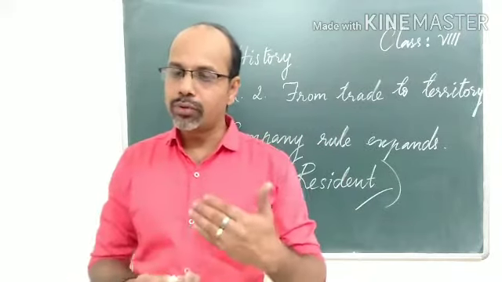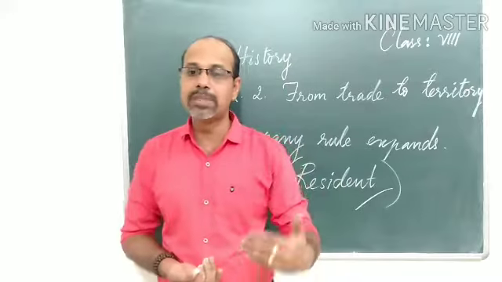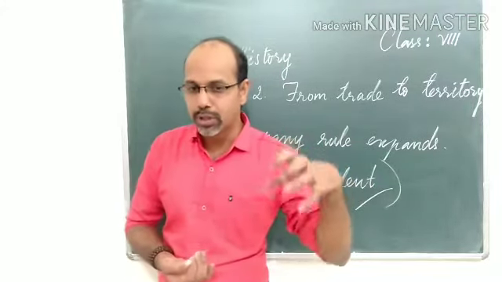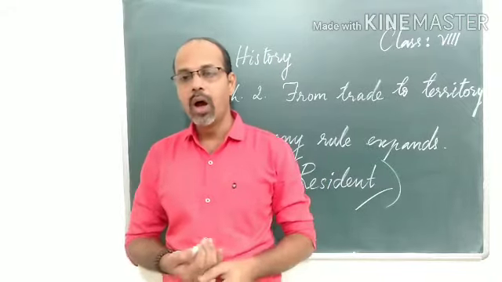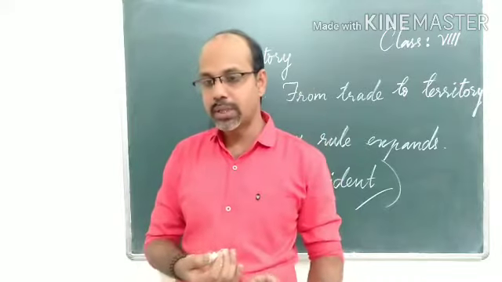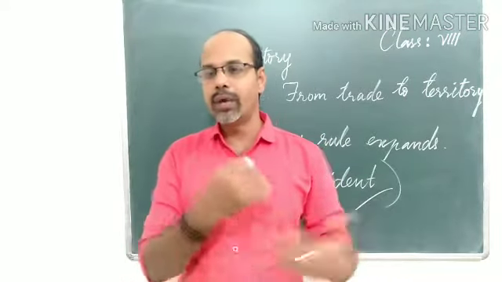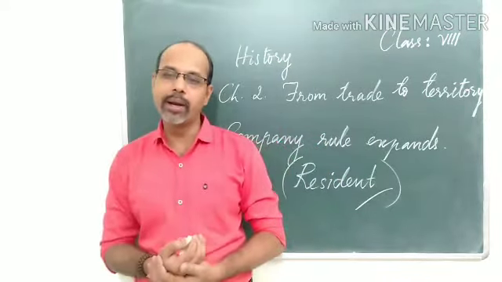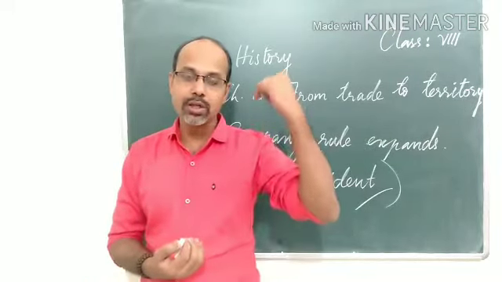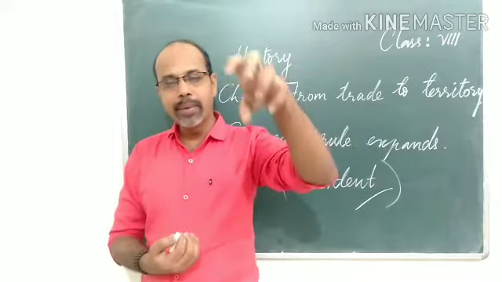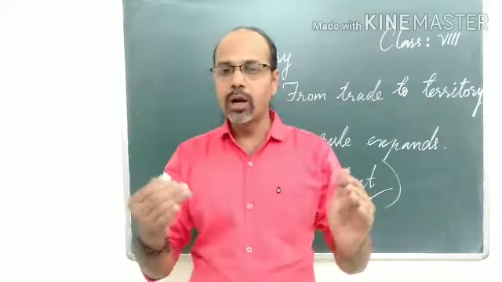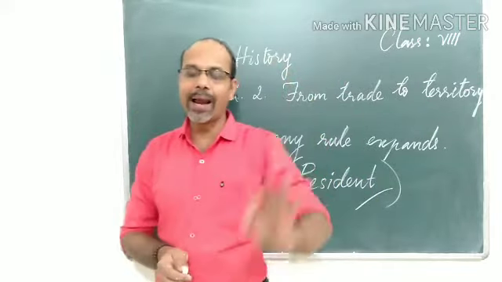Sometimes the company also forced the states into a subsidiary alliance. Company officials forced the local rulers to follow it. What is a subsidiary alliance? According to its terms, Indian rulers were not allowed to have their own independent armed forces. The local rulers could not maintain an army.